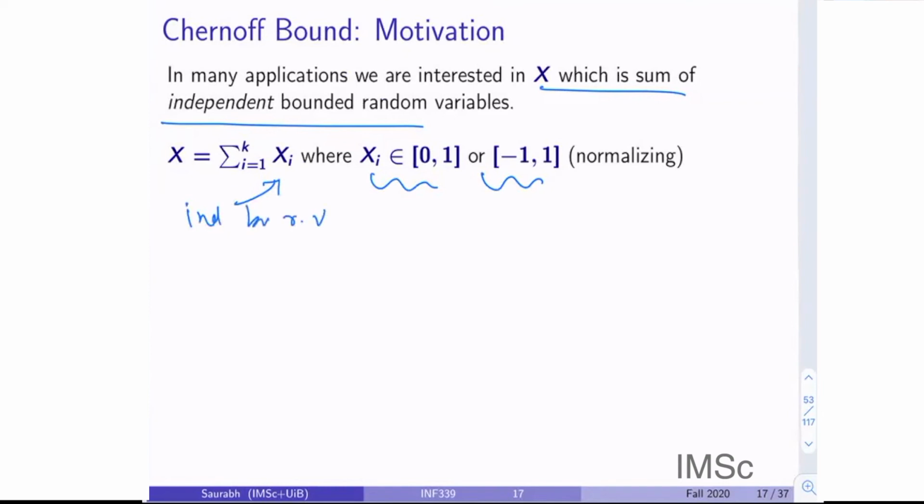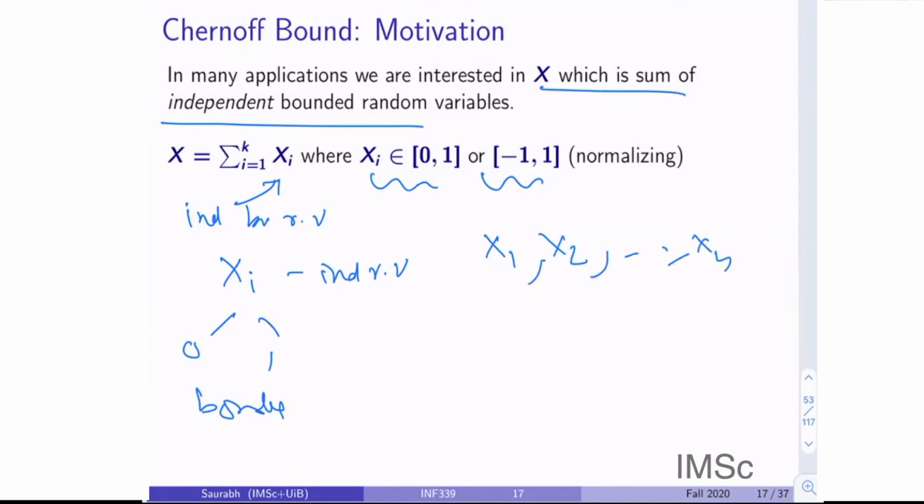In particular, if we had indicator random variables, they only take values 0 and 1, so definitely they are bounded. And if x1, x2, ... are all independent indicator random variables, then this definitely comes into the regime of Chernoff bounds. For these cases we can apply much stronger bounds.